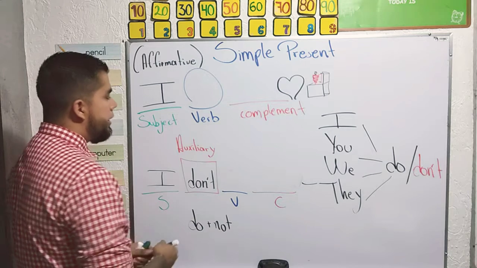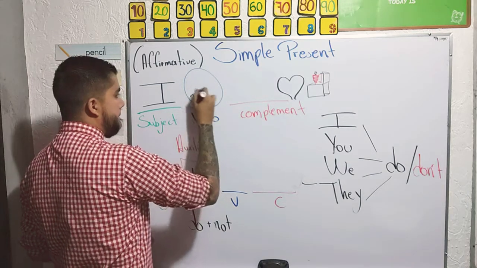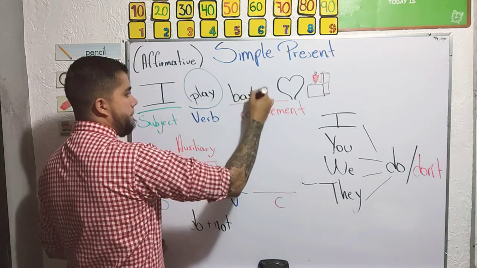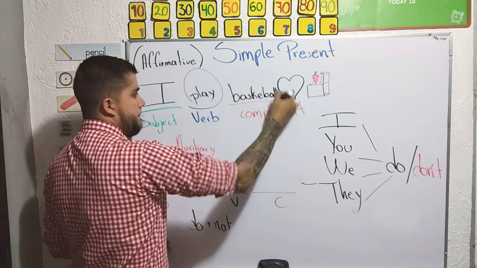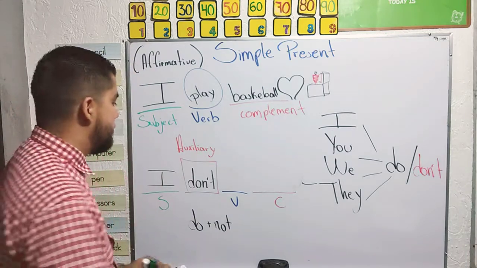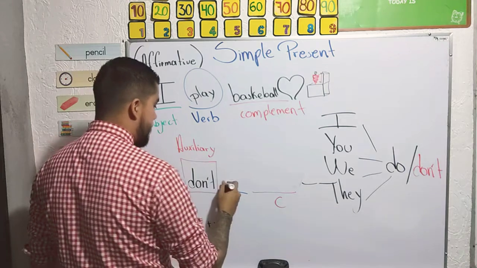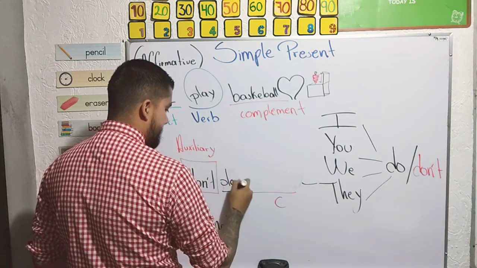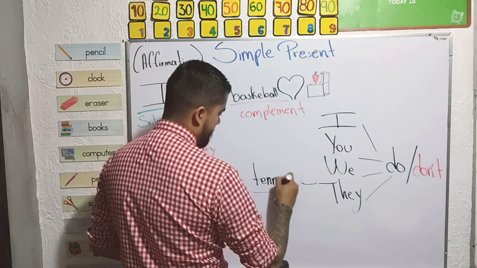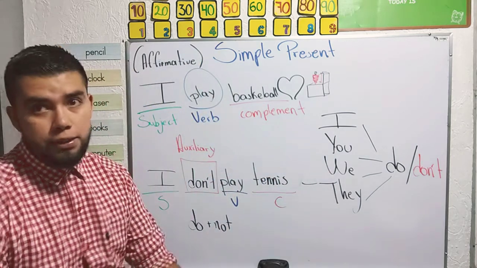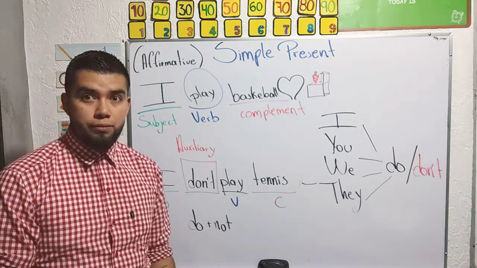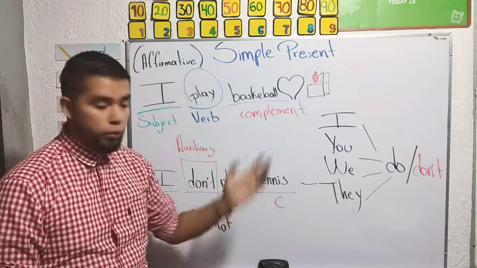In this case, I play basketball. I don't play tennis, for example. So one more time, I am expressing an action. I play basketball.